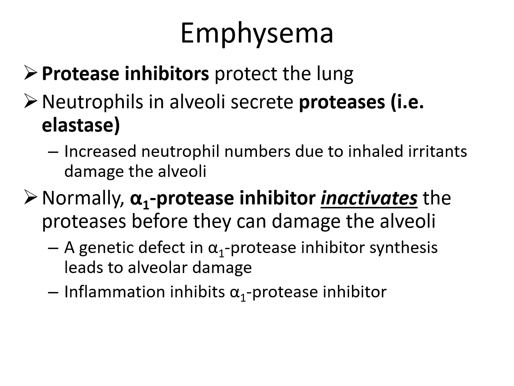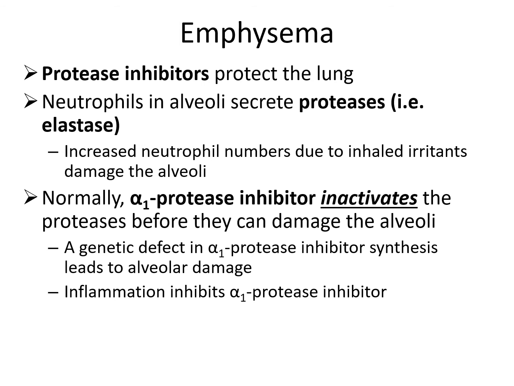So there's a protease called elastase that will be secreted by the neutrophils in the alveoli. So if you have an inflammatory response, which is why smoking can result in emphysema, we get an increase in neutrophil numbers, and they start releasing their proteases, and the one that we're worried about in this case is elastase. So it's going to start digesting the lung tissue, so the elastic tissue in the alveolar septi.